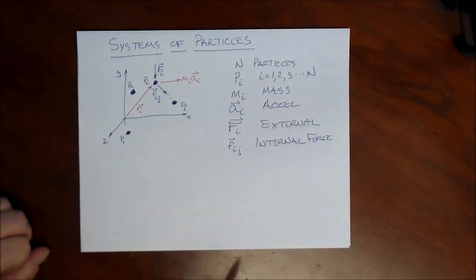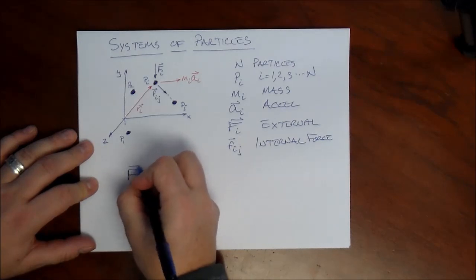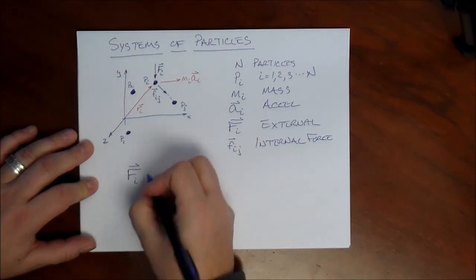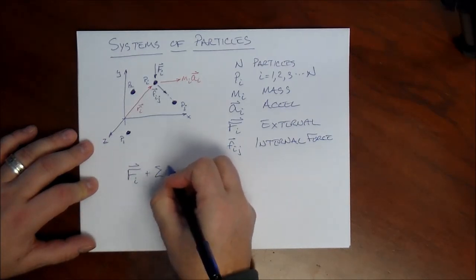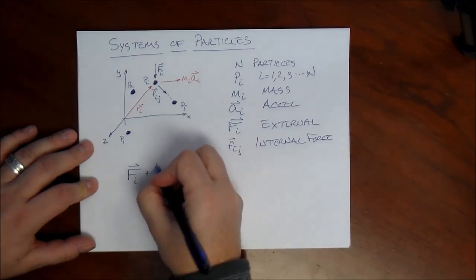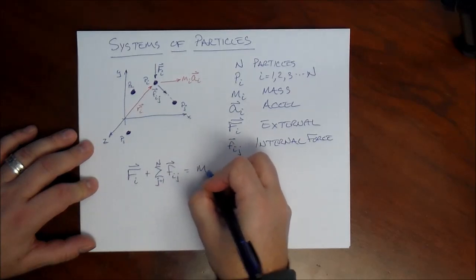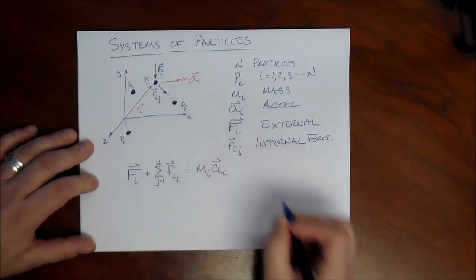So we can write Newton's second law for the ith particle, and it will look like the following: the net external force plus the sum of all internal forces, so in this case we're summing over j, equals the mass of the ith particle times its acceleration.